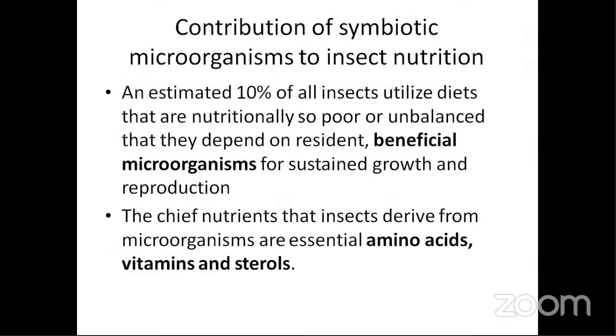And if we see the major group of insects, they get their nutrition either through dietary diets taken from outside, from the plant, or else through the metabolism which happens inside the body. But an estimated 10% of insects are not able to utilize those diets because of their physiological systems. The nutrition from the diets will be taken into the insect body through some beneficial microorganisms which are present inside the gut or some other regions, mostly the gut.